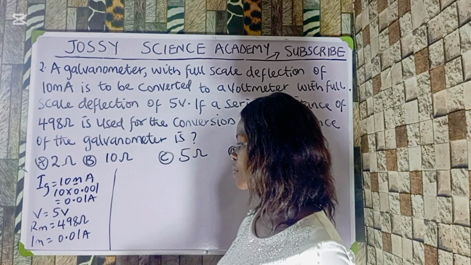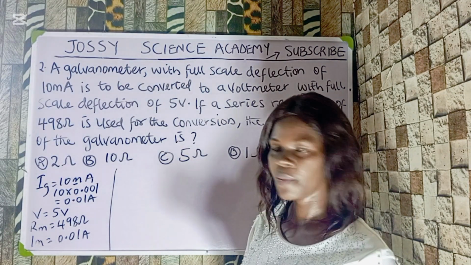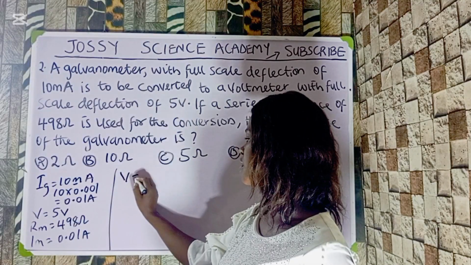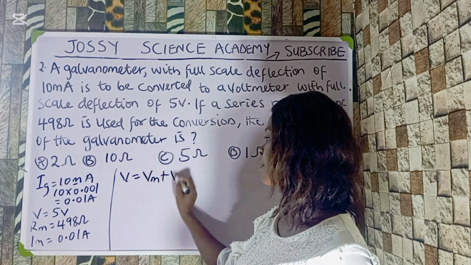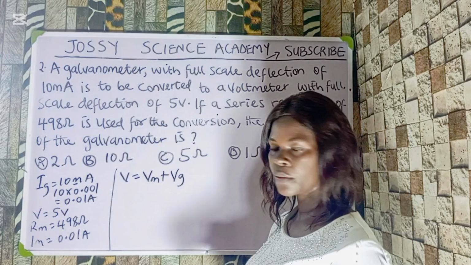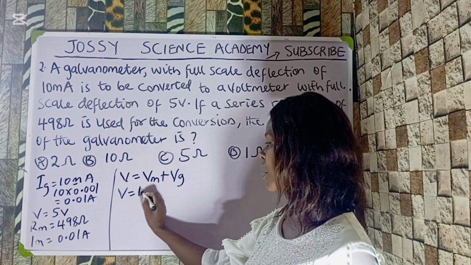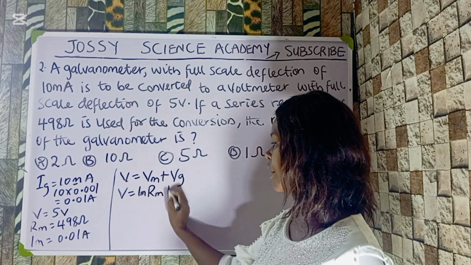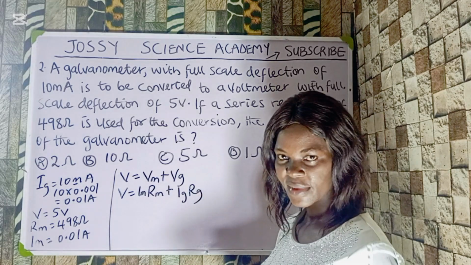So let's solve. What are we actually looking for? We're looking for the resistance of the galvanometer. Our formula is V is equal to PD across the multiplier plus PD across the galvanometer. Let's break it down to say that V is equal to Im Rm plus Ig Rg. Is that clear?